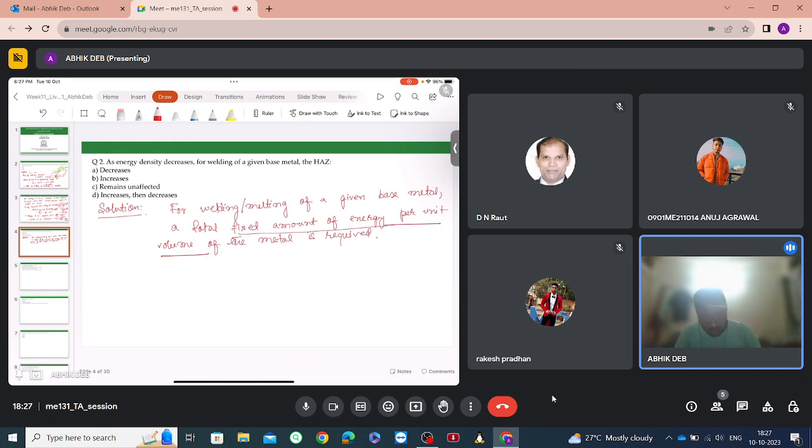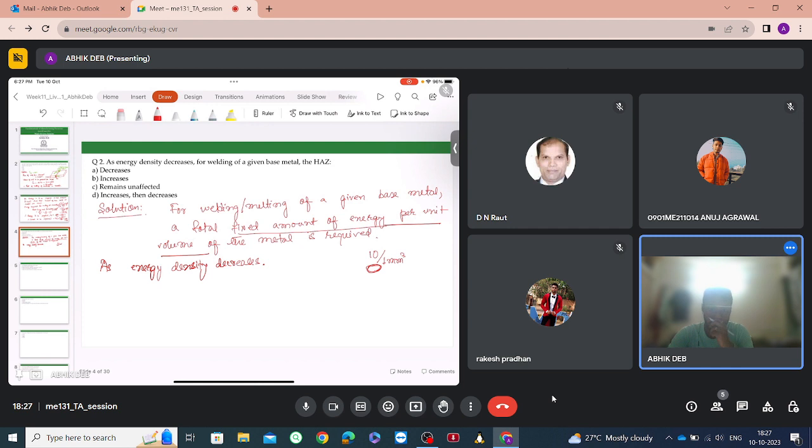Okay. So as energy density decreases, so what is energy density? Suppose 10 joule was initially supplied to 1 millimeter cube.